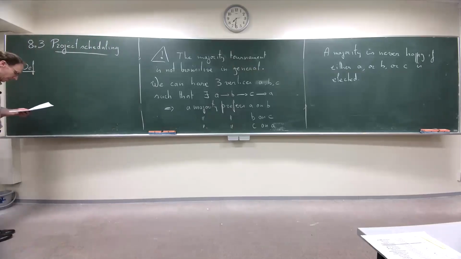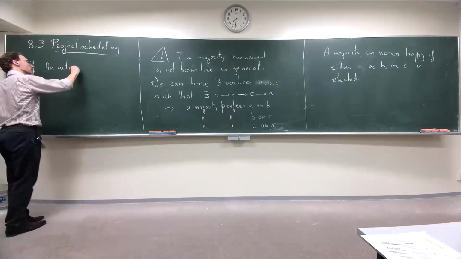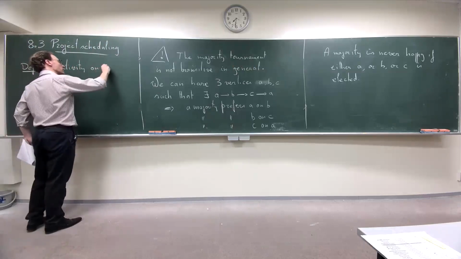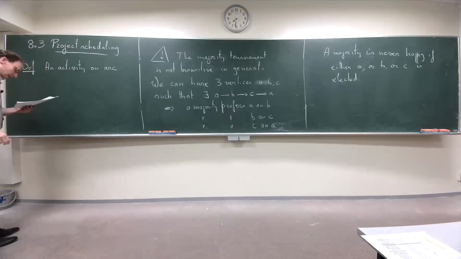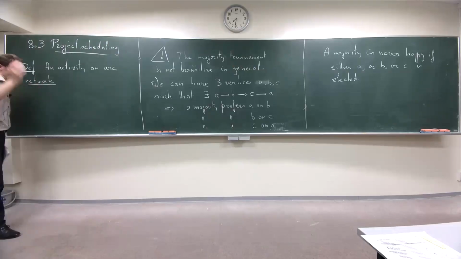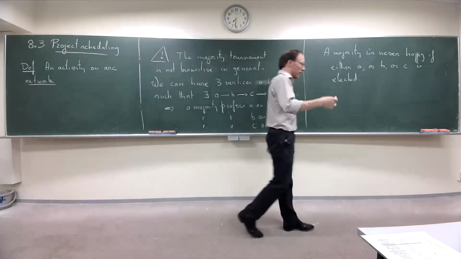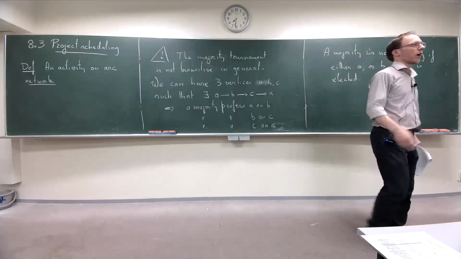So I give a definition: an activity on arc network. Oh, by the way, in this last part of the course, I'm using different books, and quite often they use the word network for graph.